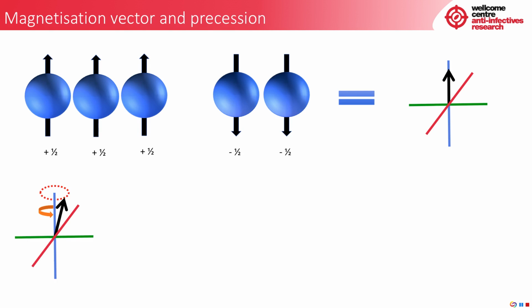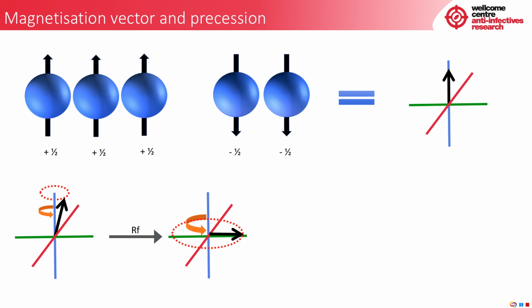Okay, so in reality, the spins can't orientate just straight up the z-axis, and they precess around this in a circle. However, the bulk magnetization is still along this axis. We then use a radio frequency pulse to generate a magnetic field at 90 degrees, and this flips this orientation, so it is now in the x or y axis.